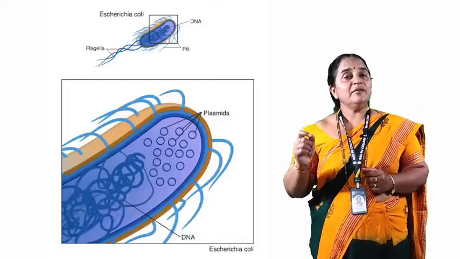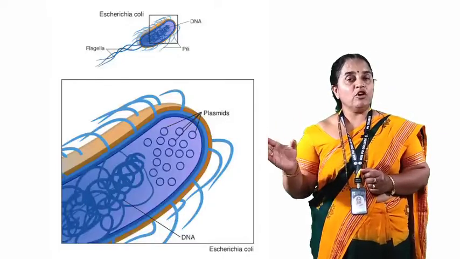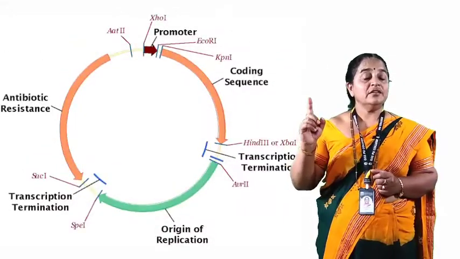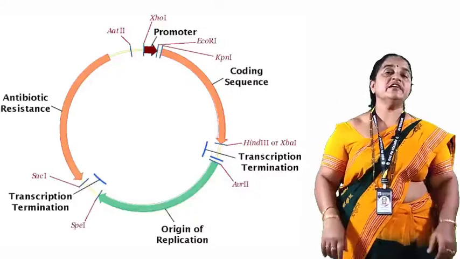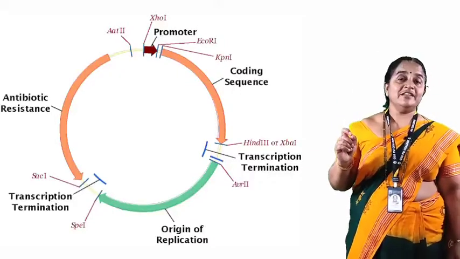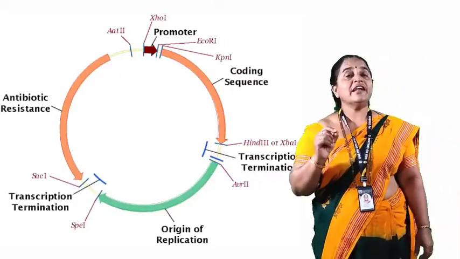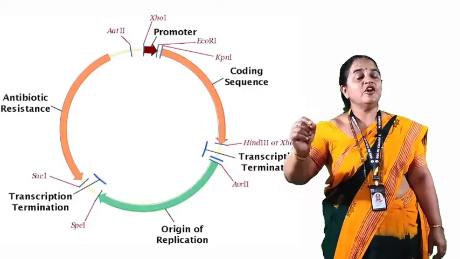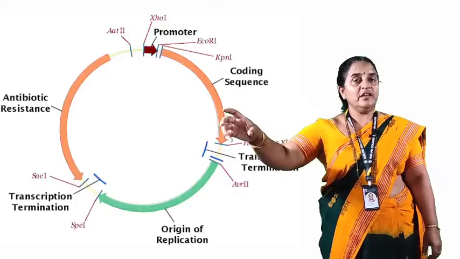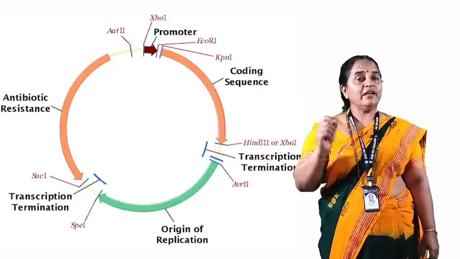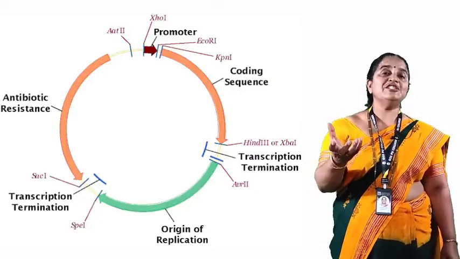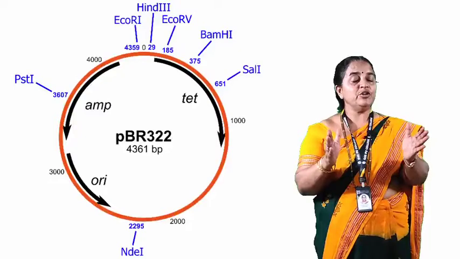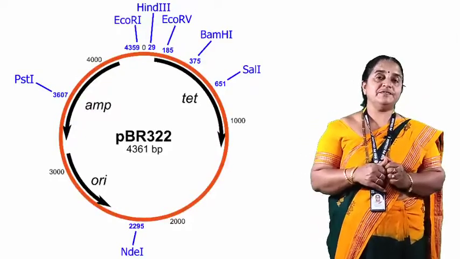There is a synthetic plasmid obtained by Bolivar and Rodriguez having an ORI site, having different cloning sites which are recognized by different RENs, and it has a selectable marker gene which will help in tracing the path of rDNA into the host cell, or it will help in identifying the transformants in a culture medium. The structure of pBR322 I already completed in the last session.